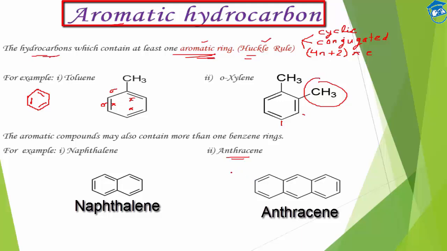If it contains at least one benzene ring, then they are known as benzenoid. This will be benzenoid. There is also another type of aromatic compounds which do not contain the benzene ring, and they are known as non-benzenoid.